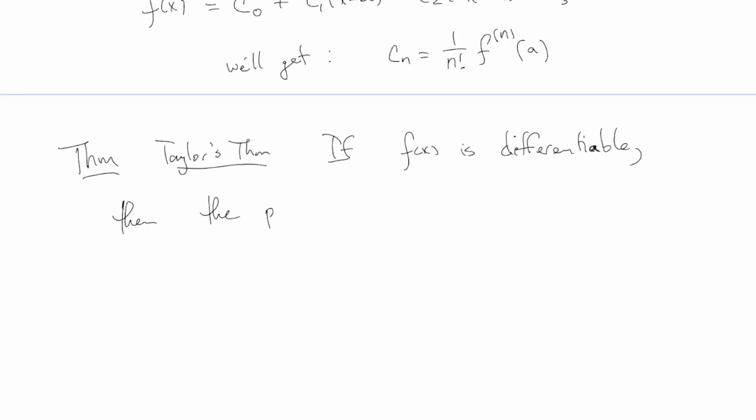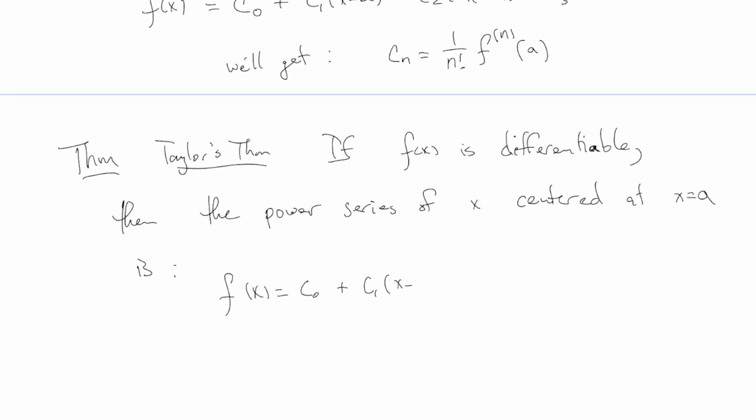the power series of f of x centered at x equal a is f of x equals c0 plus c1 times (x minus a) plus c2 times (x minus a) squared, etc., where, here's the real deal, this formula, this is just what I said before.